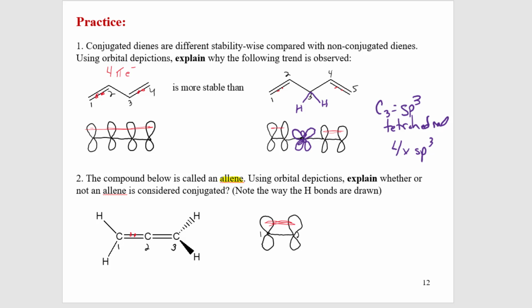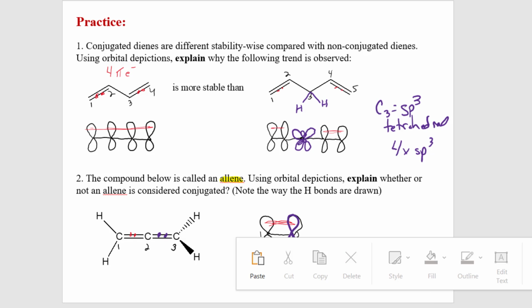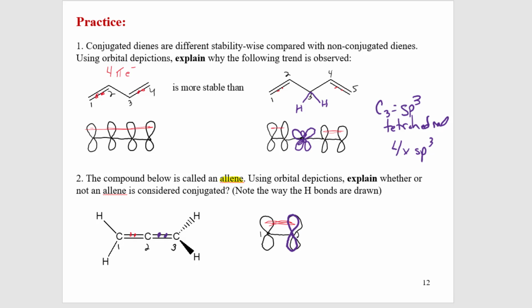Carbon 2 also has p orbital overlap with carbon 3 sharing electrons, but I can't draw another orbital over the same. I can't use the same space, right? It's already used up. I already am using the y p orbital, so I can't do that.